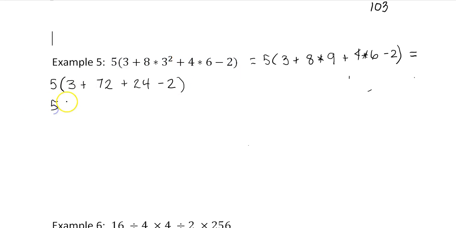So I'm going to have 5 times 75 plus 24 minus 2. So 5 times 99 minus 2, which is 5 times 97.